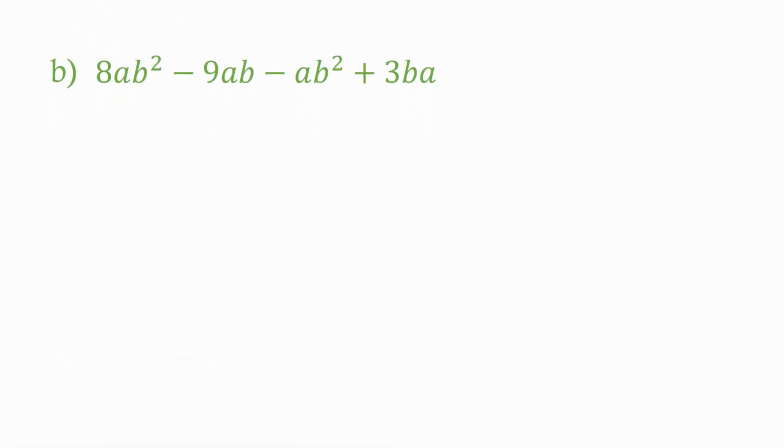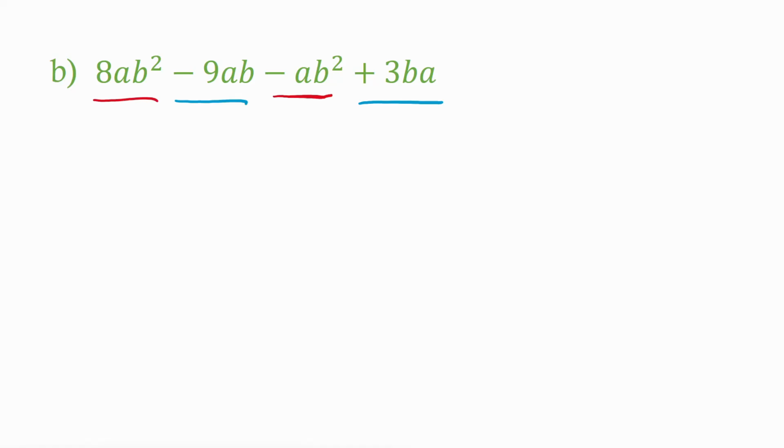We go down here and we do the same thing. There's an ab squared, there's an ab squared. We have a b and an a and a b, and then an a and a b over here. So I've marked my like terms. So 8ab squared, take away ab squared. Now, some people write 8 as the answer. That's not the case.